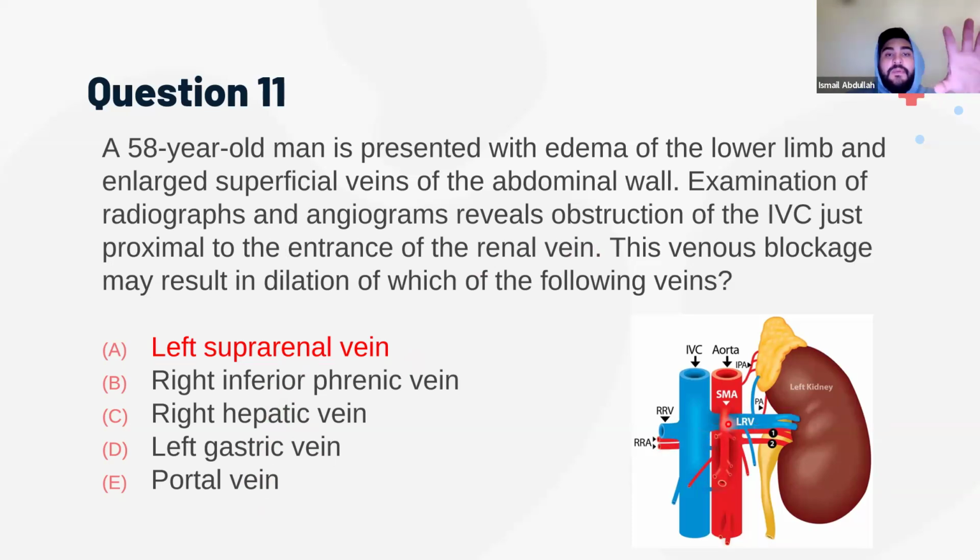If an obstruction happens next to the entrance of the renal vein, and it's more common on the left renal vein, the left suprarenal vein, since it drains into the renal vein, is going to be dilated, given that the inferior vena cava would be obstructed. So there will be backflow of blood, high pressure, leading to its dilatation. This is why the answer would be left suprarenal vein, and not right hepatic vein, because that's going to be a bit higher.